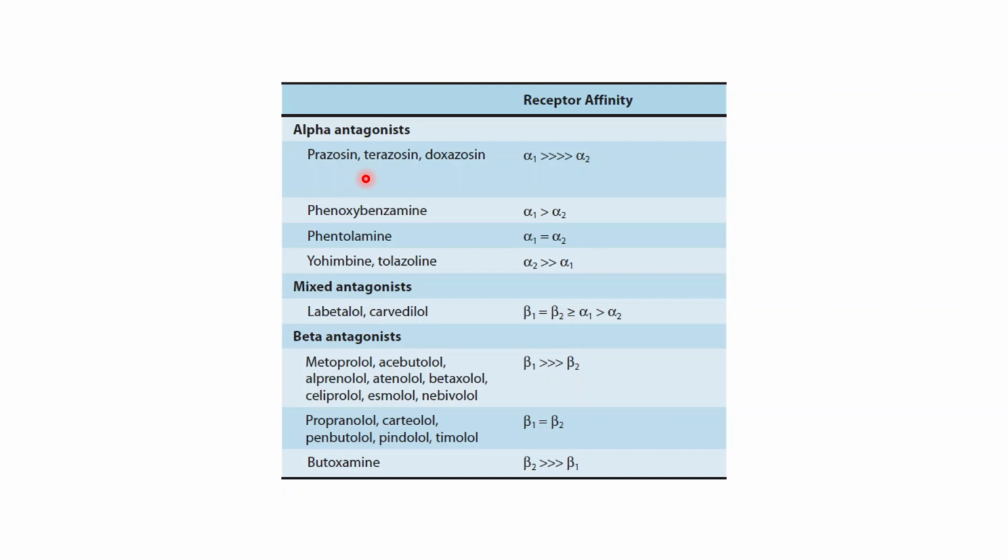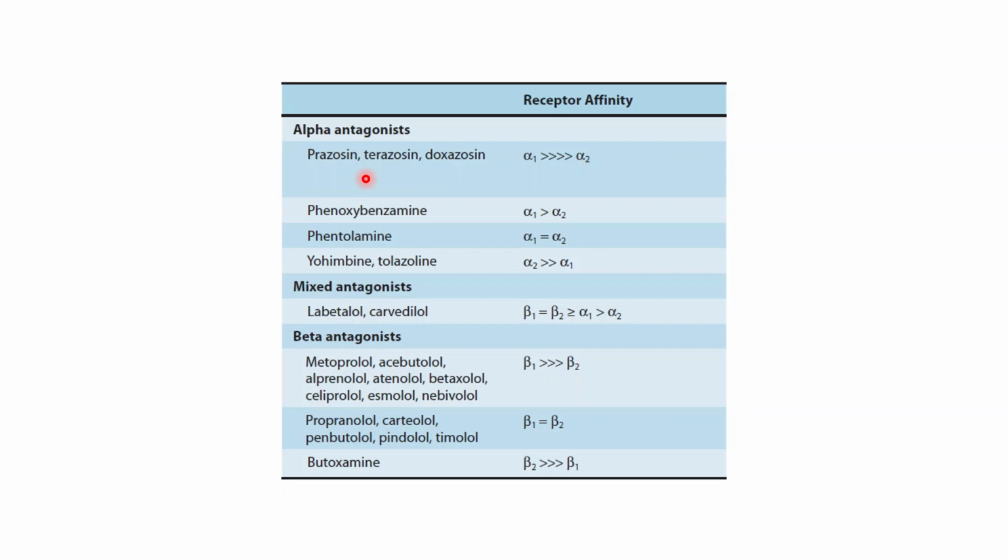This may partially explain the relative absence of tachycardia seen with prazosin compared with that of phentolamine and phenoxybenzamine. Prazosin relaxes both arterial and venous vascular smooth muscles, as well as smooth muscle in the prostate due to blockade of alpha 1 receptors.